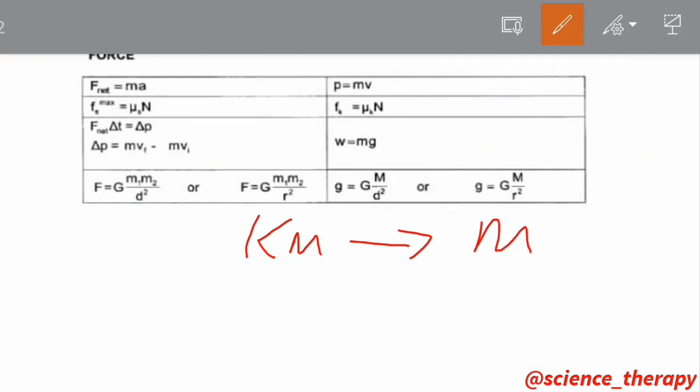Now, how do we convert kilometers to meters? You simply multiply whatever you've been given in kilometers by 1,000, right?